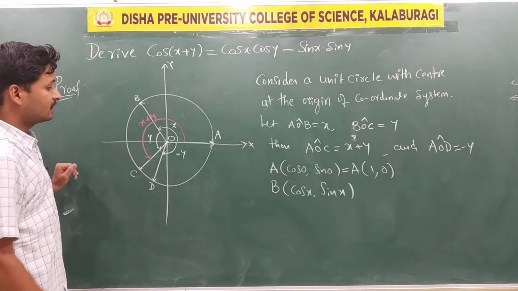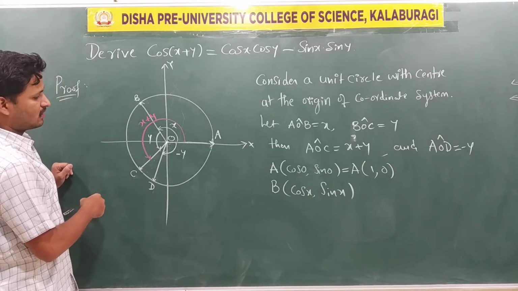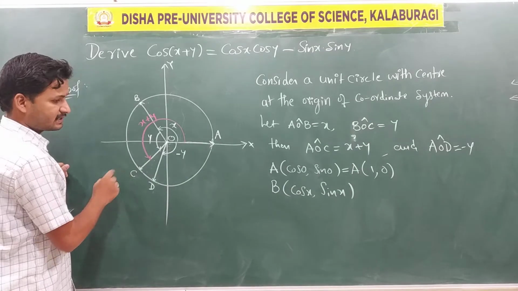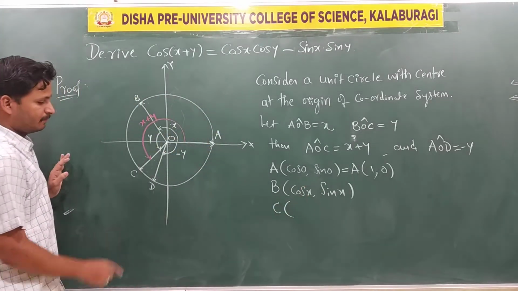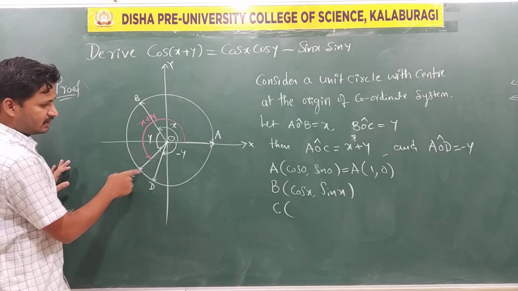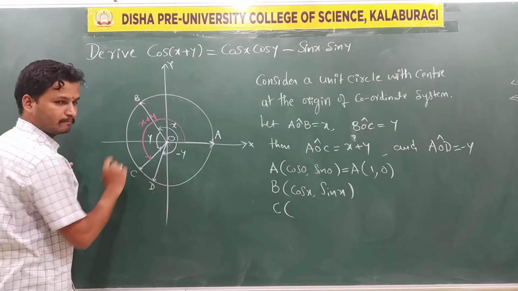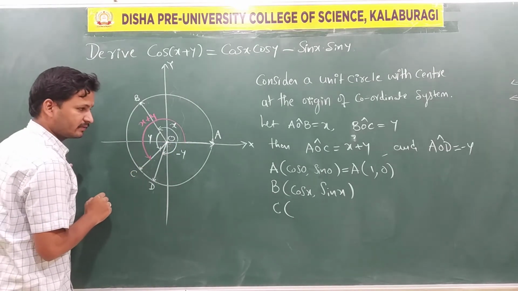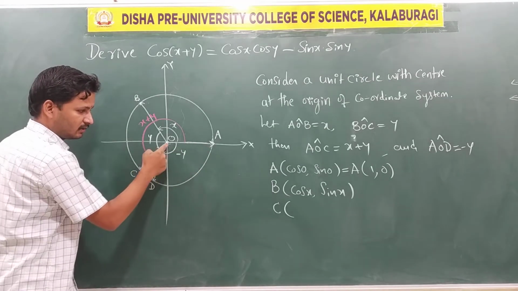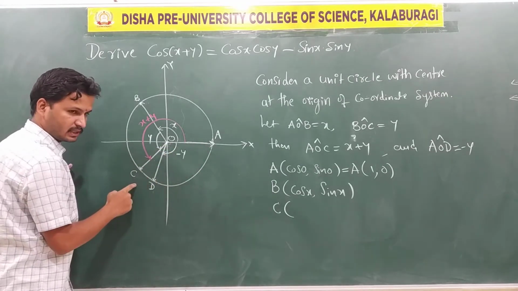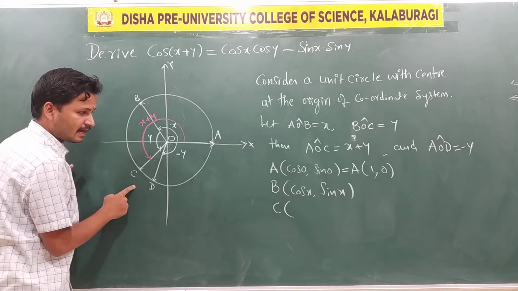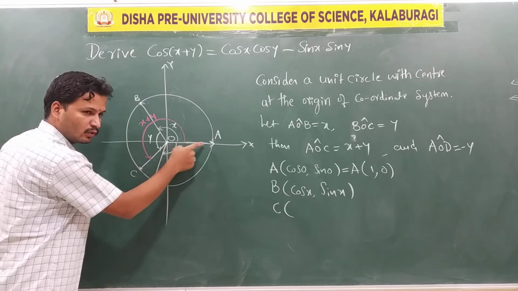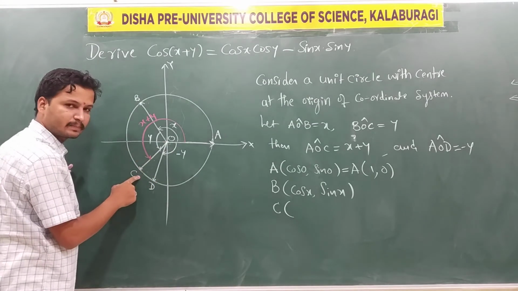Similarly, the coordinates of point C can be written as, see, observe here. C is nothing but OC and OA. So the angle AOC is x plus y. Then definitely the angle between the initial line OA and OC is x plus y.